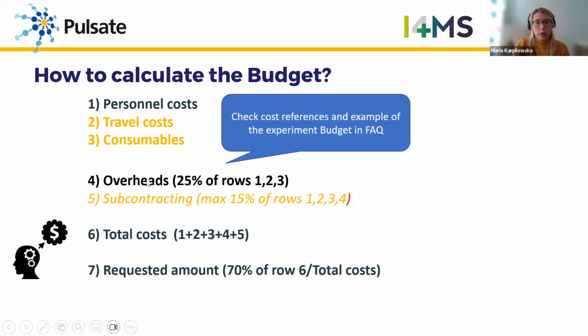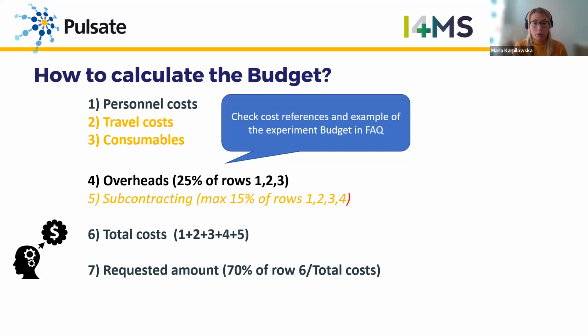Then the fourth cost category is overheads, and for this we use the flat rate of 25% for personal, travel and consumables together. Subcontracting is also possible, but here the limit is maximum 15% of the total amount of all the previous cost categories.